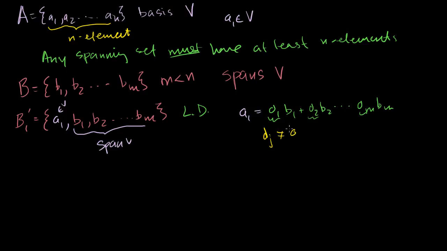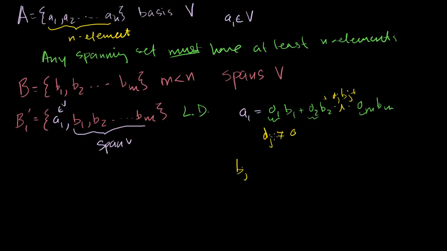So what we could actually do is solve for that term. Over here someplace you have the term dj bj, plus a bunch of other stuff. If we subtract it from both sides of the equation, then divide both sides by minus dj and put this minus a1 on the other side, what do we get? I know that was a lot of operations, but that's just straight up algebra. We can solve for bj.